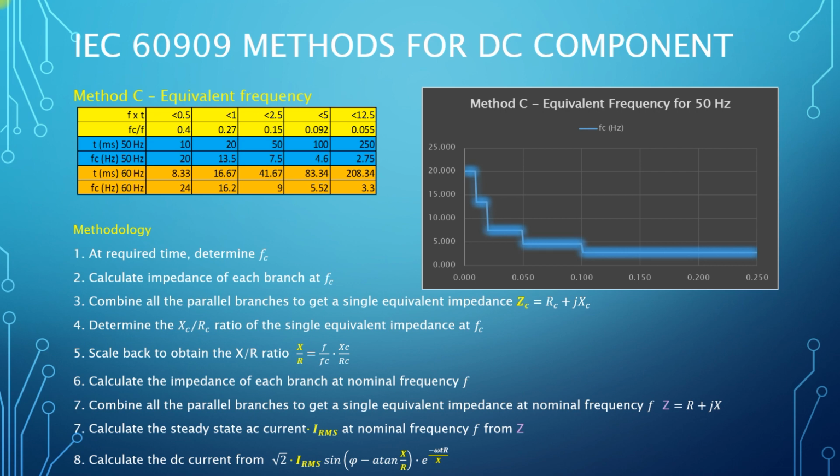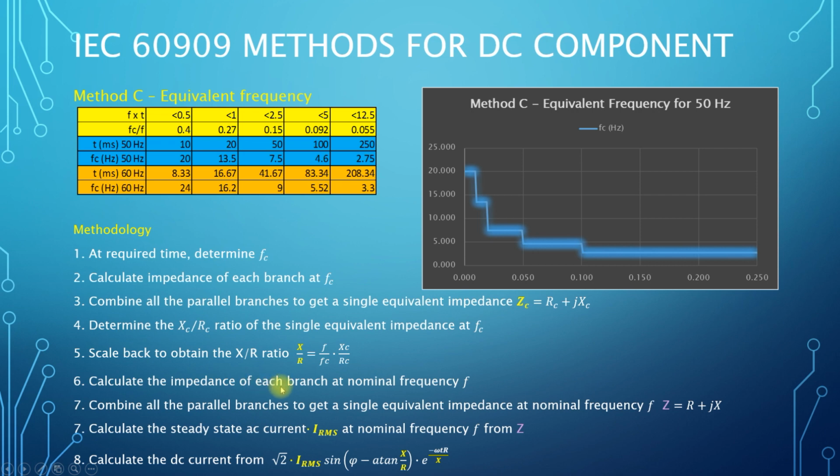We then scale back to obtain our equivalent X upon R ratio, which is XC over RC times the nominal frequency of the network divided by FC. And this will be the value of X upon R which we use in our equation for the DC component of current.